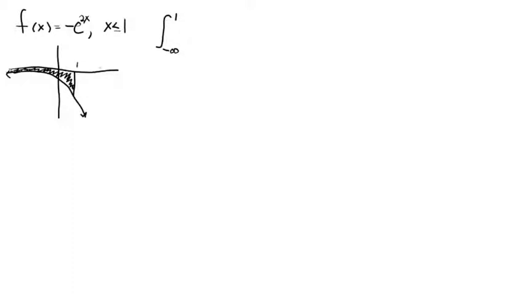Now remember, because I'm looking for the area and the x-axis is above the curve, the x-axis is 0. And then I have to say minus e to the 2x dx. Alright, so that's the integral set up.